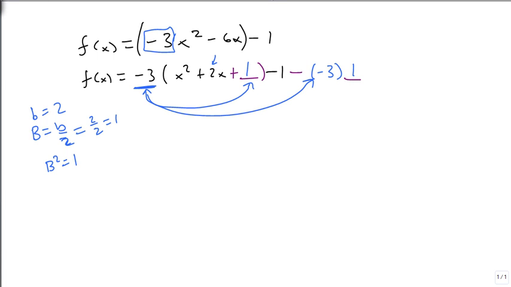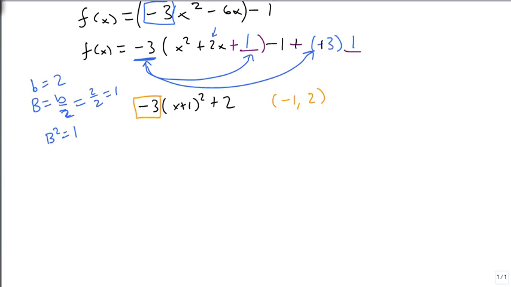So now this factors as minus 3 times (x plus 1) squared. Minus 1 minus minus 3 is plus 3, so this becomes a plus 2. It means our reference point is at minus 1, positive 2. We're going down, and we're going to step in 3s. So when we come down to draw our graph, I'm going to draw it a little bit high.